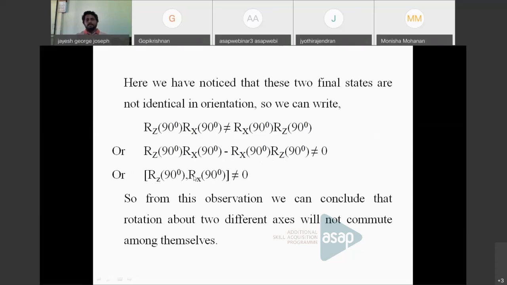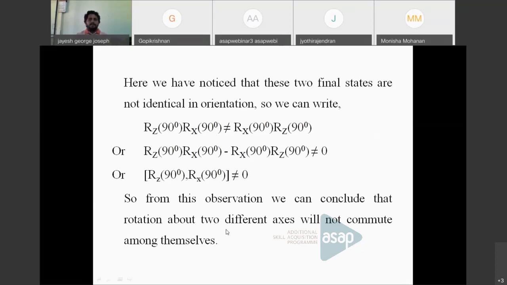Or, the commutator [Rz, Rx] is not equal to 0. So from this we can conclude that rotations about two different axes will not commute among themselves.